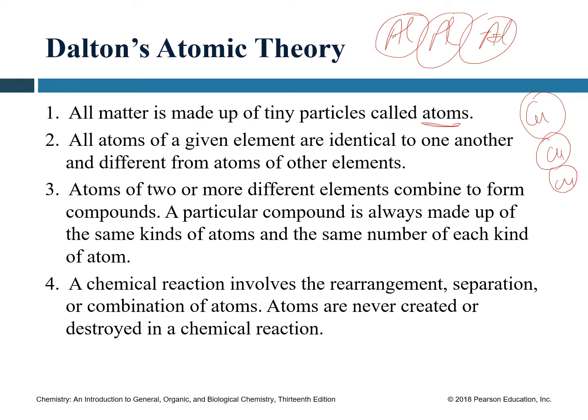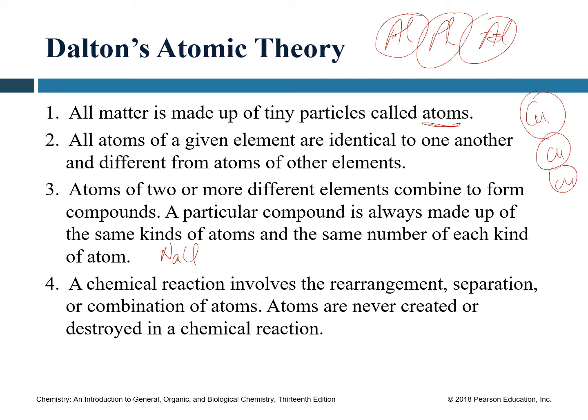So for instance, if I say I have a compound sodium chloride, like I told you, according to this theory, sodium chloride is a compound which is composed of different atoms of sodium and chlorine, which is correct. And when you have this compound, you can take it from wherever in this world, it will always consist of one atom of sodium and one atom of chlorine. So it will always consist of the same number of each kind of atom. That's exactly what this theory told us.